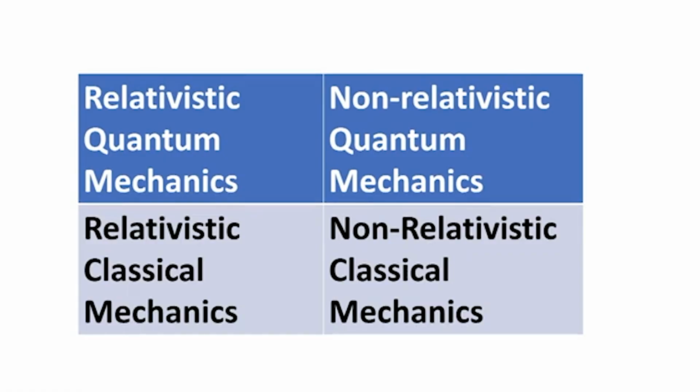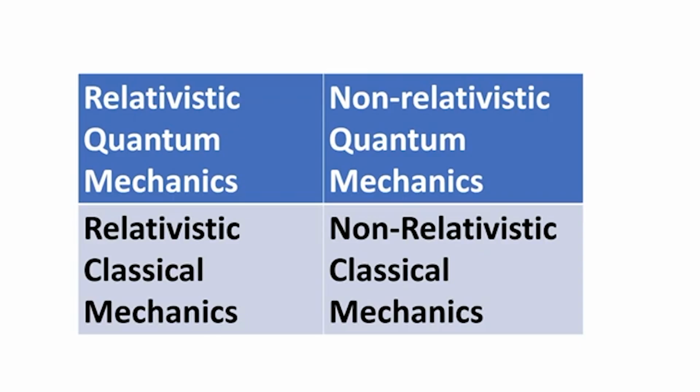So, here I present a table. The table has 4 quadrants, and the ultimate description is in the first quadrant, on the left top, which I wrote as relativistic quantum mechanics, and on the right top there is non-relativistic quantum mechanics, which is what we are going to talk about now.